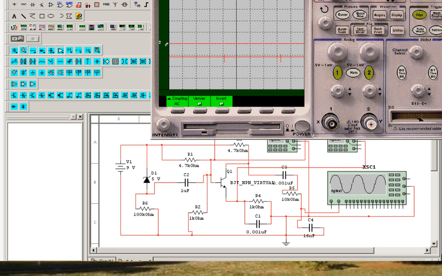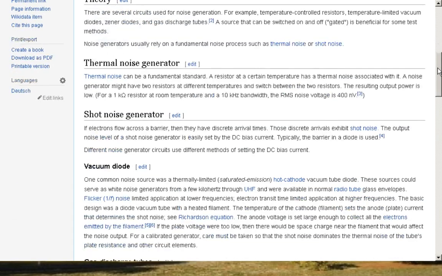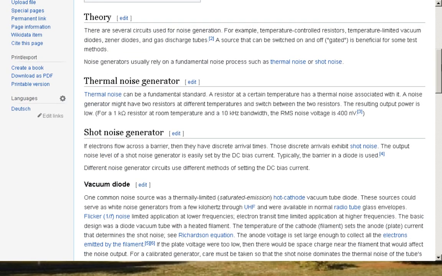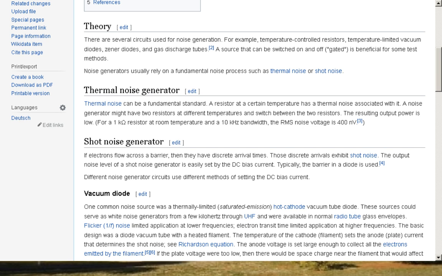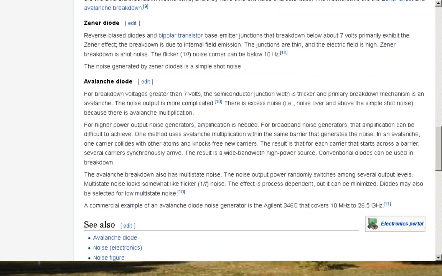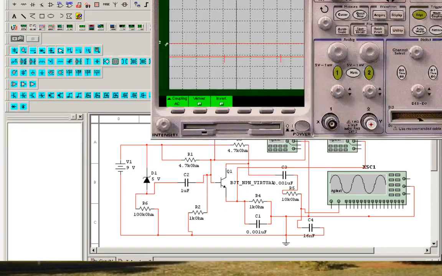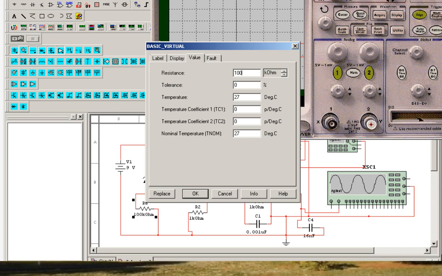Actually, let me look at that circuit. Yeah, I don't know. It talks about bandwidth and that sort of thing, but this would generally be a lot lower resistor. Let's make it a 1K.